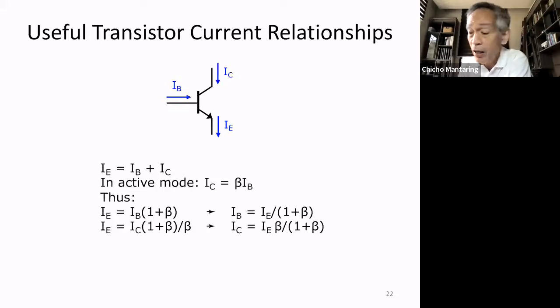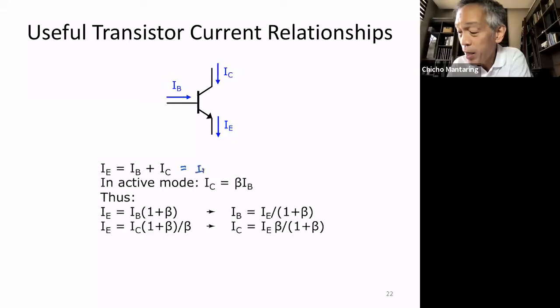If I want to get a relationship between IE and IB, what is that? Well, IE is IB plus IC. But what is IC? IC is beta IB, no?